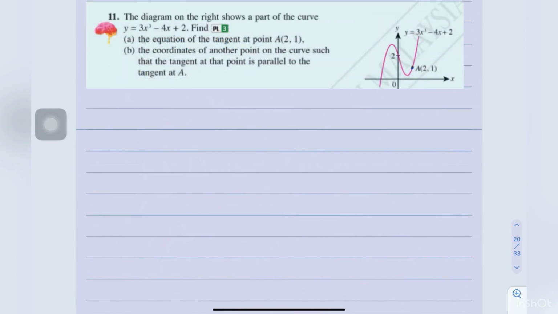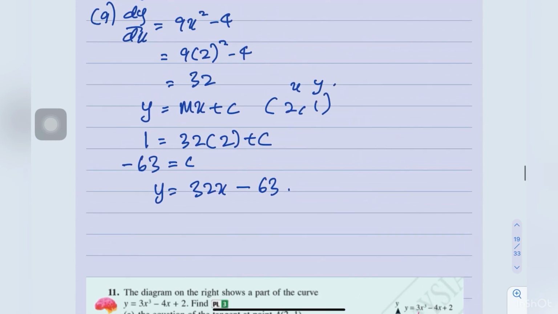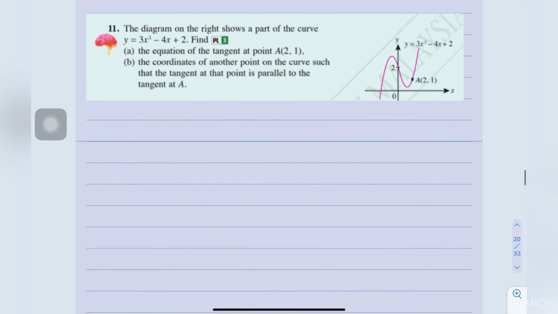Okay, 11b, find the coordinates of another point on the curve such that the tangent at the point is parallel to the tangent at A. The tangent at A just now has gradient 32, so the same gradient. So dy dx is 9x squared minus 4 equals 32.